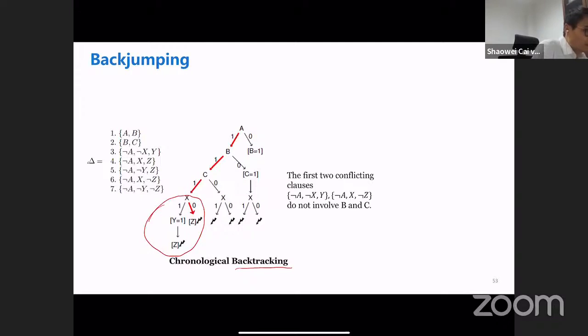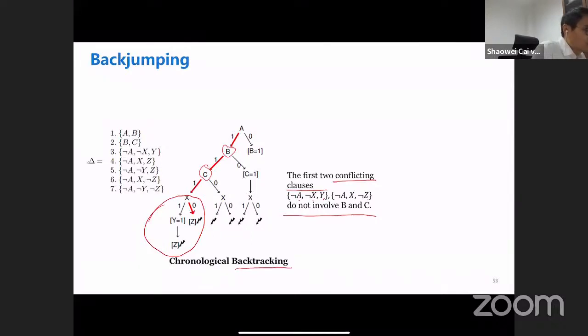But we found that these conflicts in the branches of X involve only A, X, and Y, and they do not involve B and C, which says that no matter what values B and C are assigned, if A, X, Y, Z are assigned in this way, they must lead to a conflict.